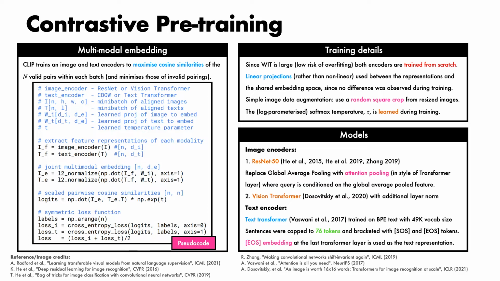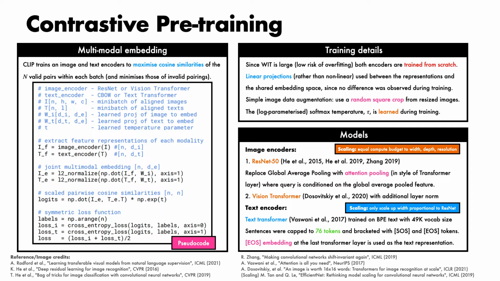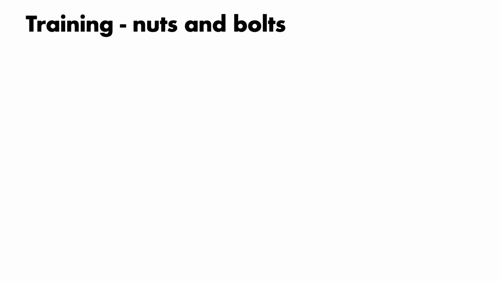The embedding associated with the end of sequence token at the last transformer layer is used as the text representation. To assess the influence of increasing model capacity, the ResNet image encoder is scaled up by assigning equal compute budget to width, depth, and image resolution in the style of EfficientNet, while for the text encoder, the width of the model is scaled in proportion to the scaling of the ResNet.